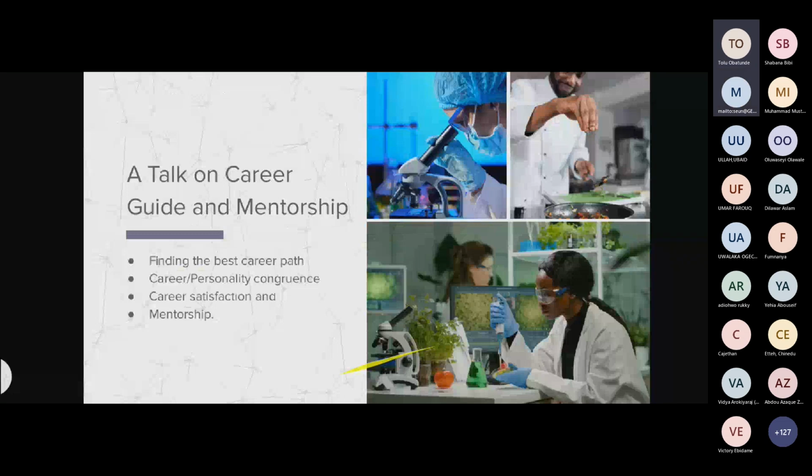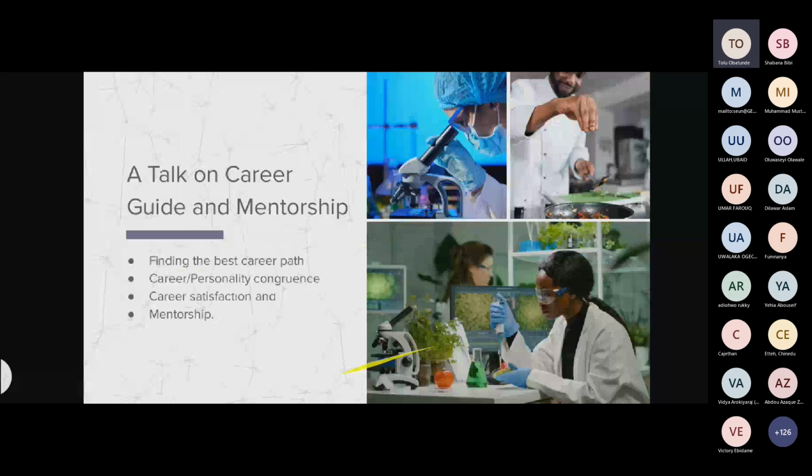But the problem has been the ability to understand your personality, because as humans, we grow, okay? And who you were 3 years ago is not who you are right now. So most of the time it's quite difficult to pin yourself to something, and sometimes it gets tricky to say, oh, this is what I think I really want to do with my life.